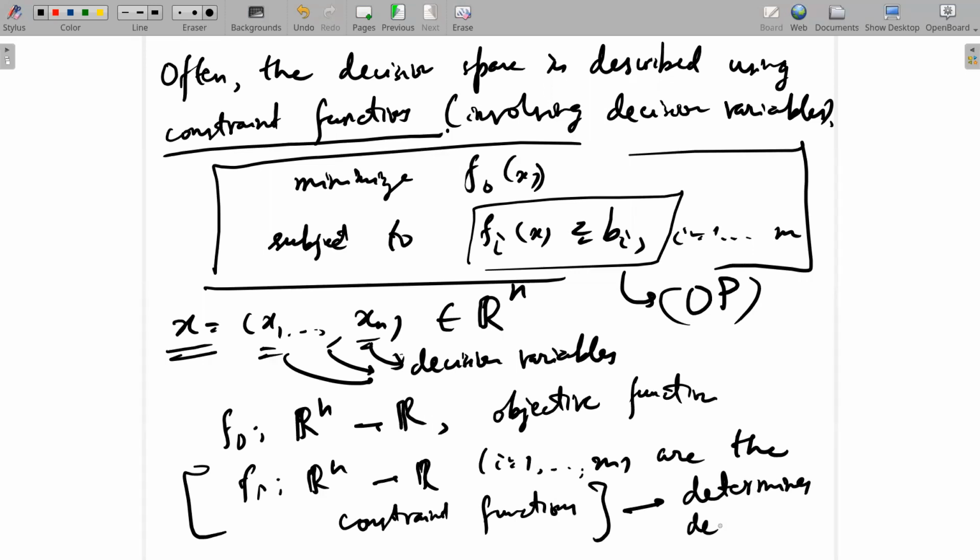I'm always coming back to that description that you need two things, decision space and objective function. And b1 through bm are the bounds for these constraint functions. That is kind of understood.